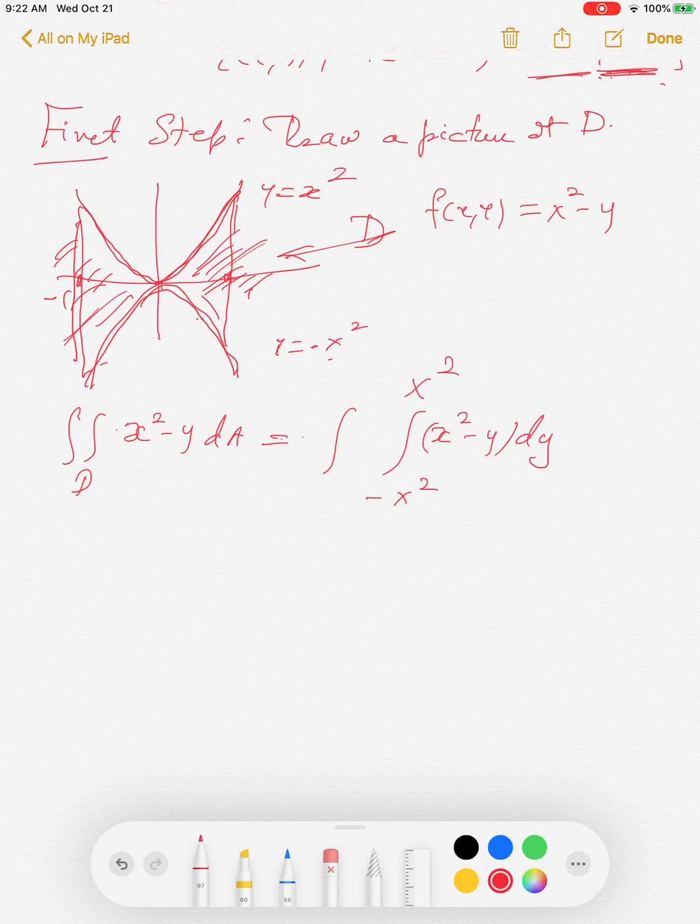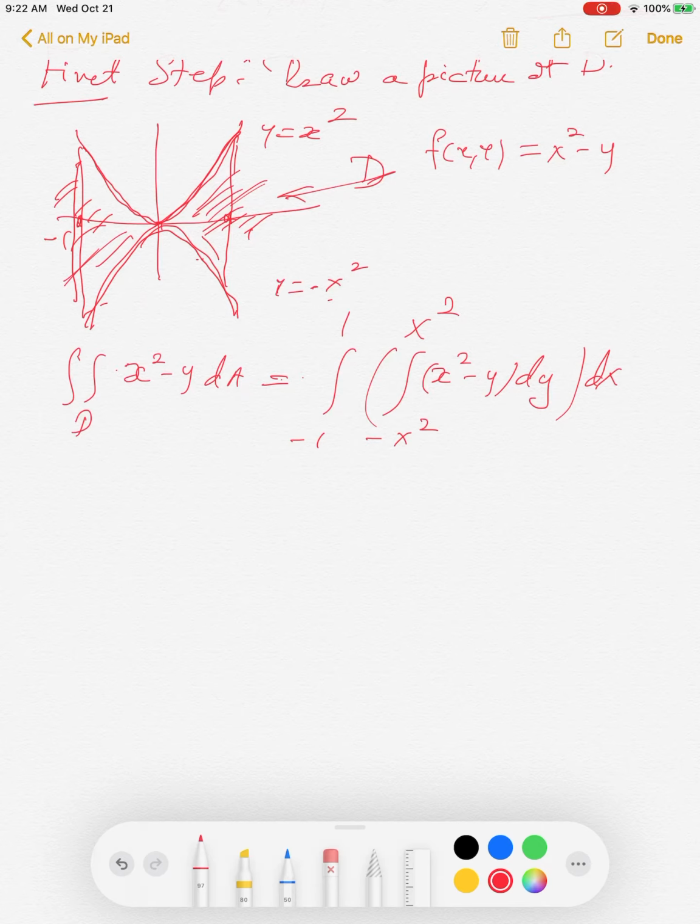The first curve is y equal to minus x square, second curve is y equal to x square. X will run between -1 to 1. So I integrate this with respect to x later. So I write the double integral as a repeated integral, first integrating with respect to y, then with respect to x. Now this is integration with respect to y, so x is a constant.